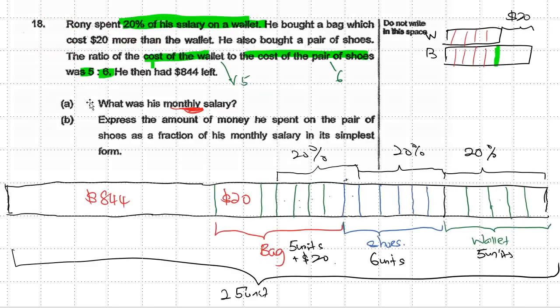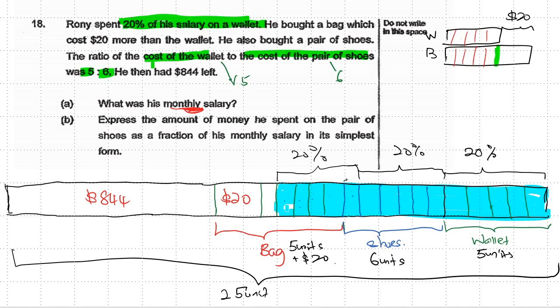So what is the remaining? This whole thing here is 60% and it's 15 units. You already know that the total is 25 units.